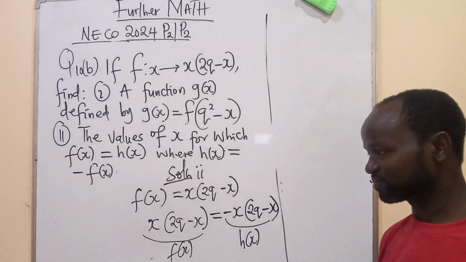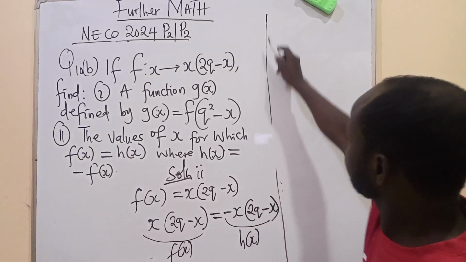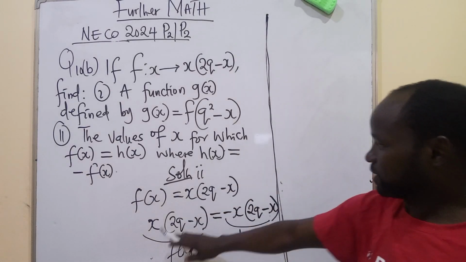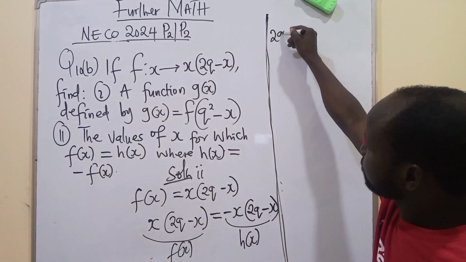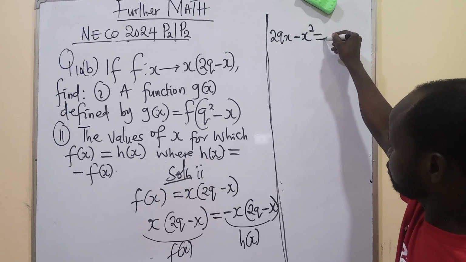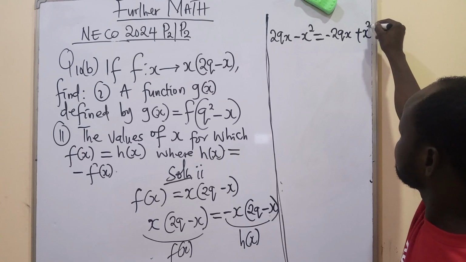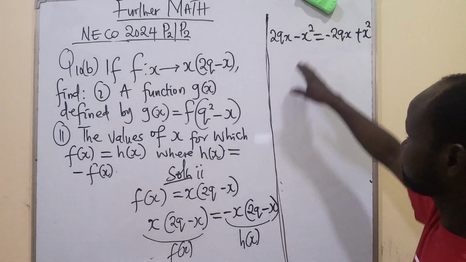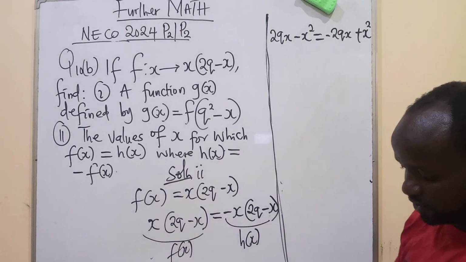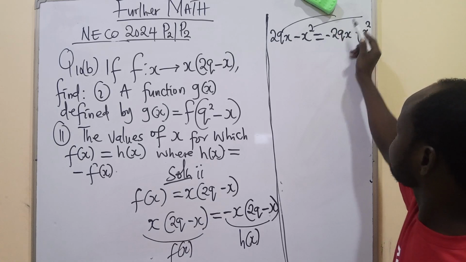So the next thing to do is to simplify, because we are asked to find the values of x. Let's clear the bracket. So this will be 2qx minus x squared equal to minus 2qx plus x squared. This is, of course, a quadratic equation because the highest power is 2. So let's rearrange this. Let's transfer these to the right hand side.